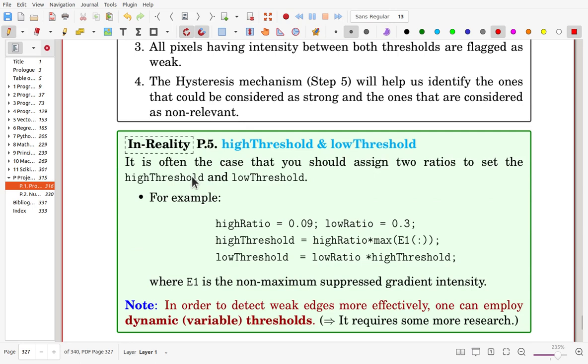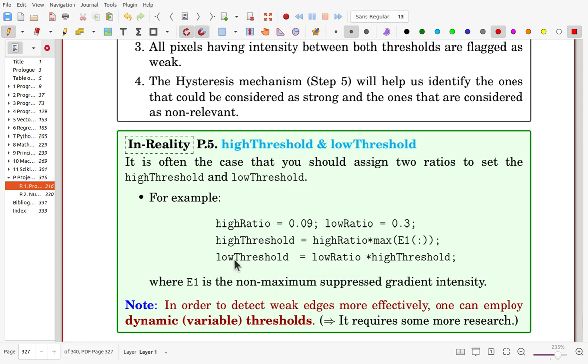It is often the case that you should assign two ratios to set the high threshold and low threshold. For example, you choose a high ratio and a low ratio in this way, then the high threshold is assigned by using the high ratio times the maximum value of the gradient intensity.